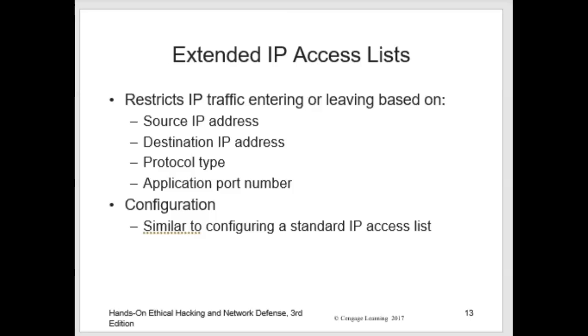So basically, it gives you a deeper dive. So you have these two levels of access lists in Cisco. One is quick, just based on largely IP address. The other gives a deeper dive, including the IP, but also the protocol type and the application port number, right? A deeper dive.